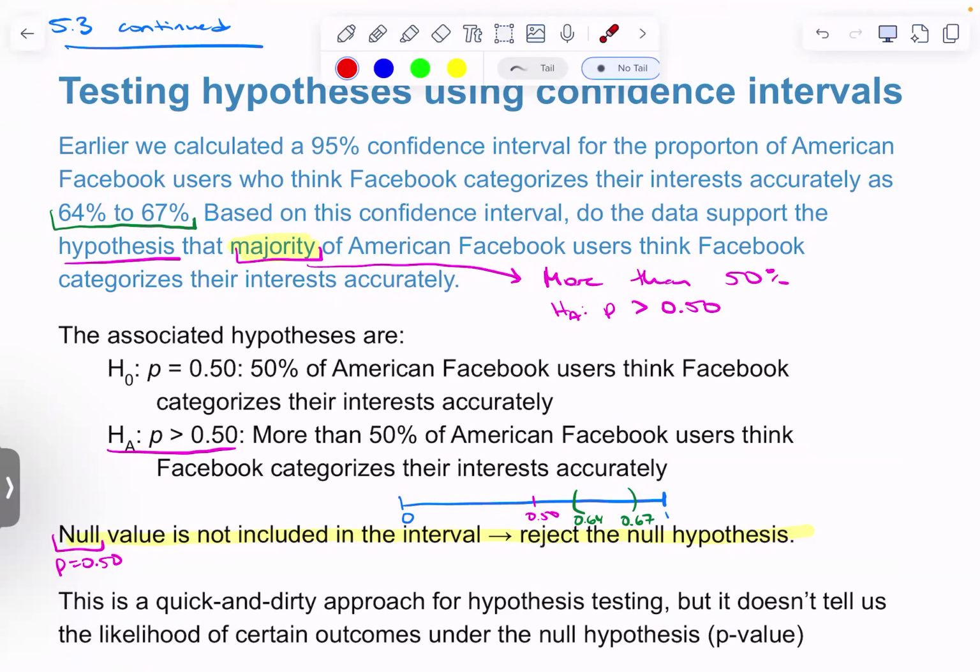Sometimes, even though I only give you this much space on the page to do it, people think I need to do a full-blown hypothesis test here. I'm not going to deduct marks for that because it's technically correct, but it will say based on this confidence interval. So then you're allowed to just use this confidence interval like that.